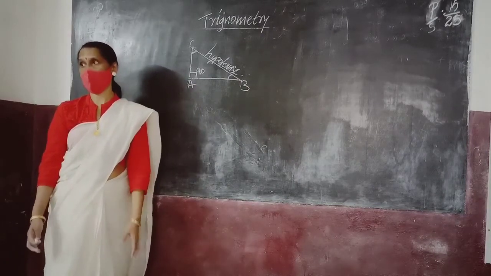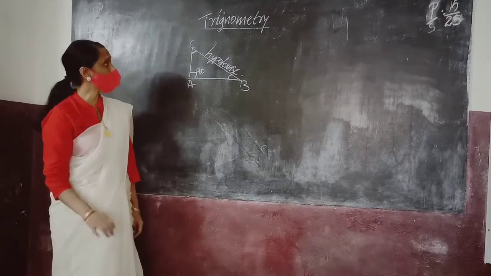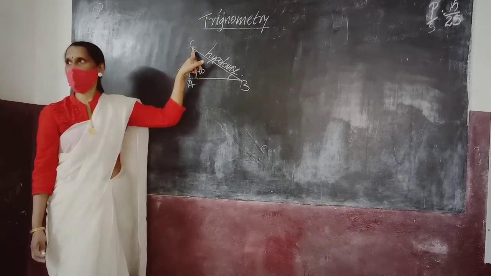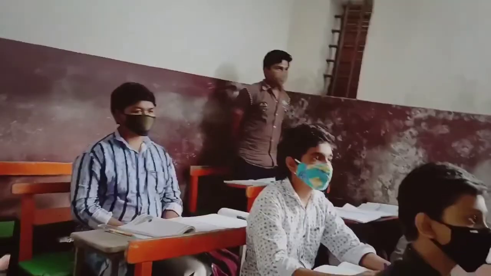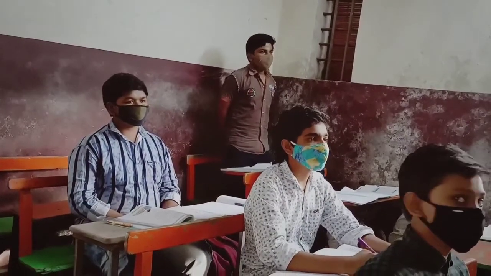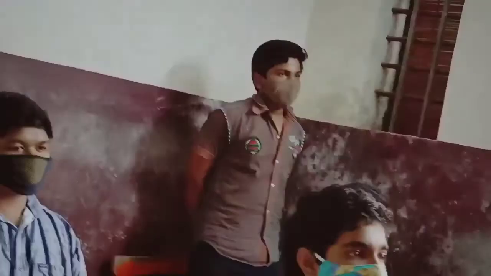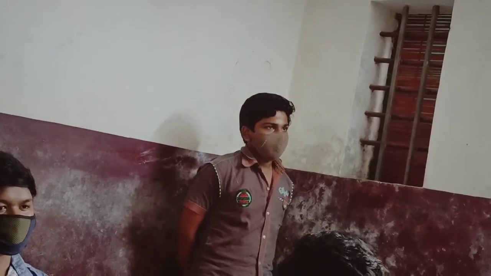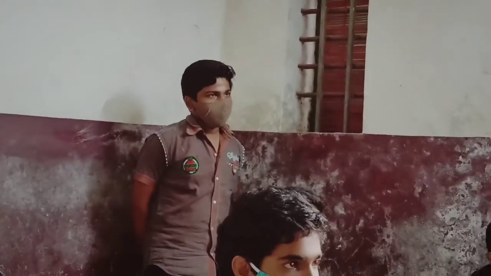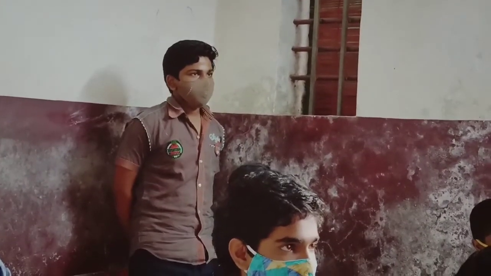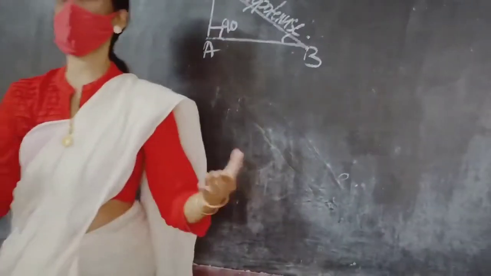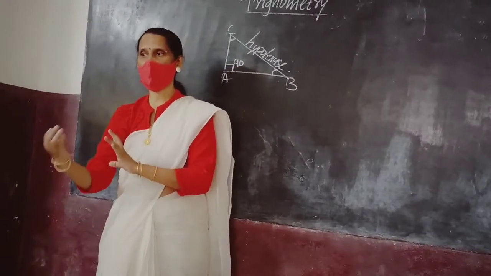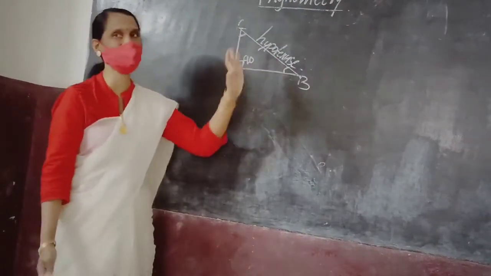Okay. Now, Virendra, can you say with respect to angle C, BA is the adjacent side. So when the angle changes, the opposite side and the adjacent side also change, but the hypotenuse never changes.